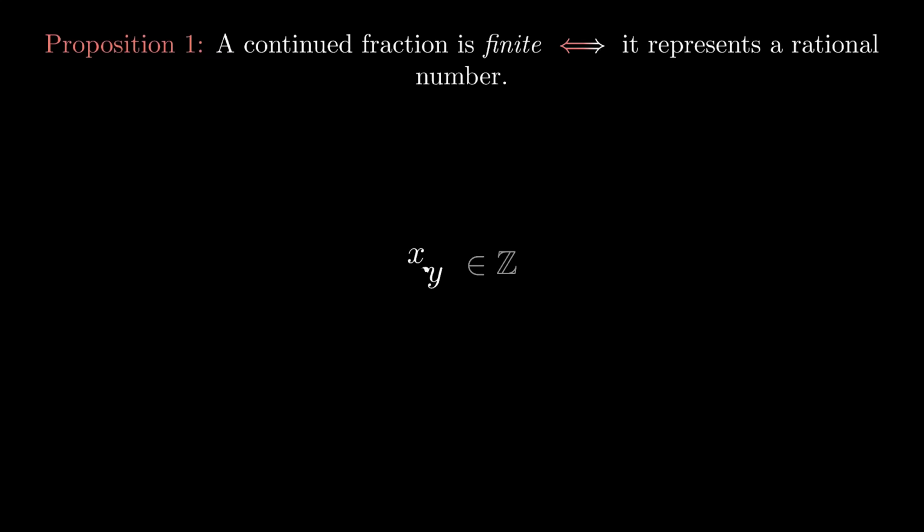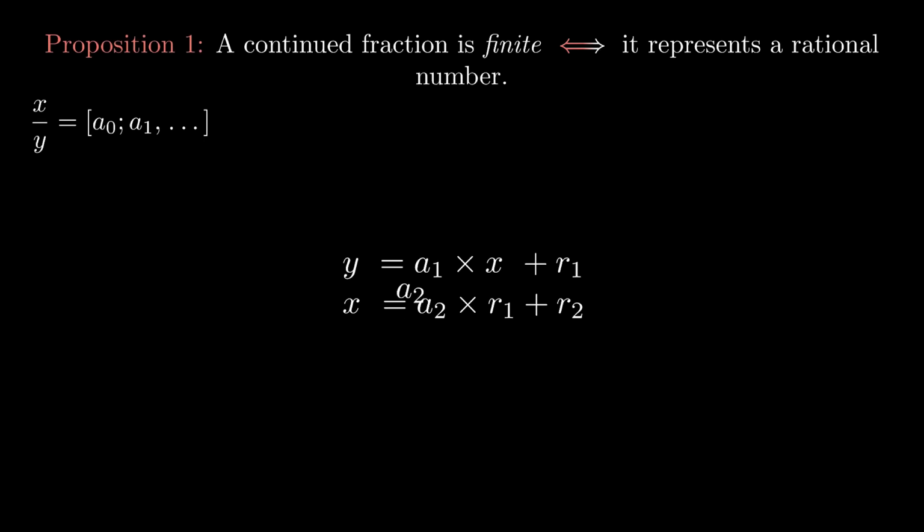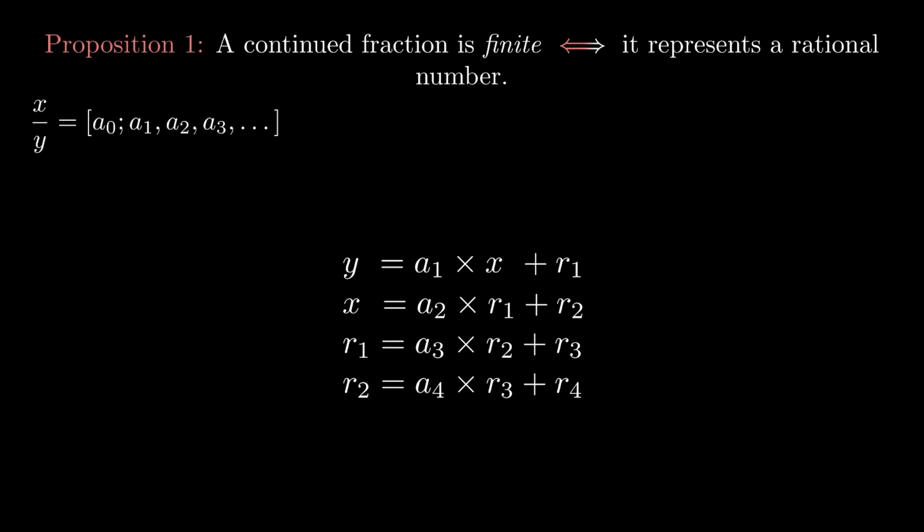In the reverse direction, we saw before that partial denominators in the continued fraction correspond to quotients in Euclid's algorithm. So if we can prove that Euclid's algorithm always terminates, this will show that the continued fraction must be finite. To show that this algorithm terminates, Euclid's algorithm essentially generates a sequence of remainders R_k.